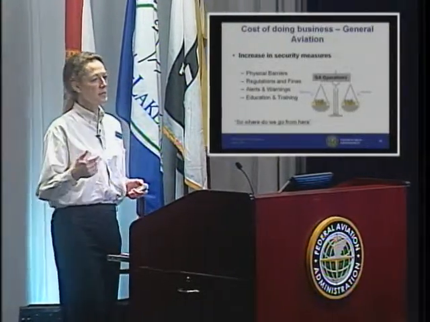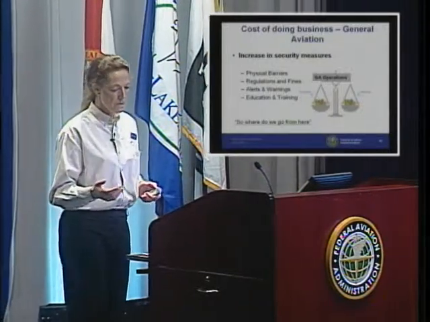Therefore, we're asking that general aviation respond collectively to the challenge of reducing pilot deviations and perform a risk analysis of their own. We realize that pilots are very concerned and, for the most part, adhere to the procedure. So we're approaching this from a hazard identification standpoint.